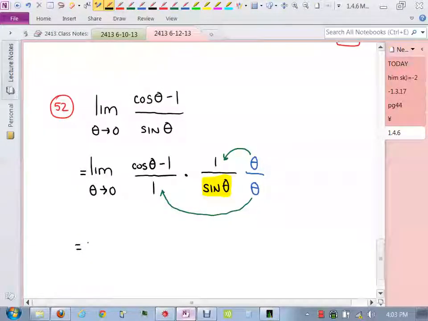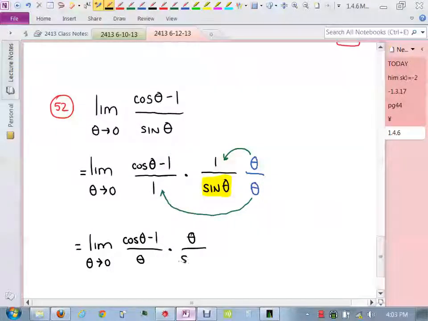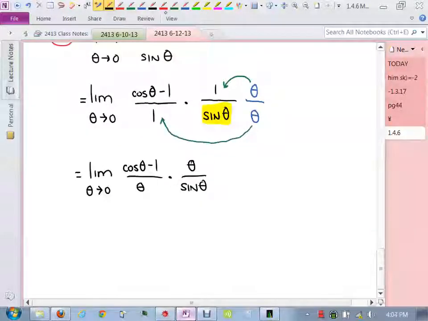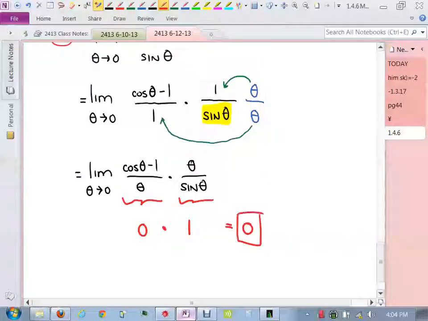So wouldn't this become the limit as theta goes to 0 of cosine theta minus 1 over theta times theta over sine theta? And both of those are formulas. What does the first one go to? That goes to 0 times, what does this go to? 1. So the answer is 0.